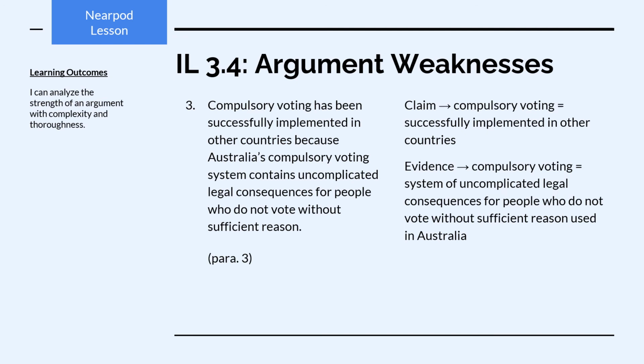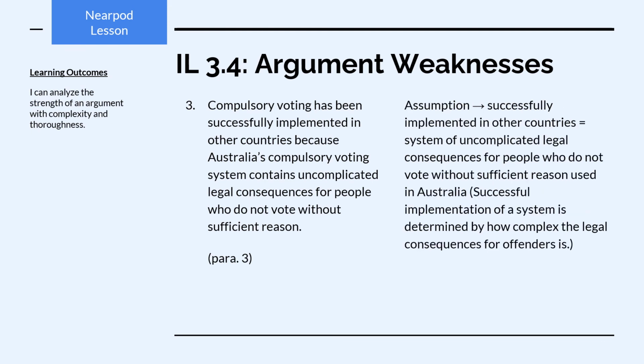Our claim here is that compulsory voting has been successfully implemented in other countries, and our evidence is that in Australia, they've created this system of uncomplicated legal consequences for people who do not vote without sufficient reason. Our assumption then is something like this. Successful implementation of a system is determined by how complex the legal consequences for offenders is.